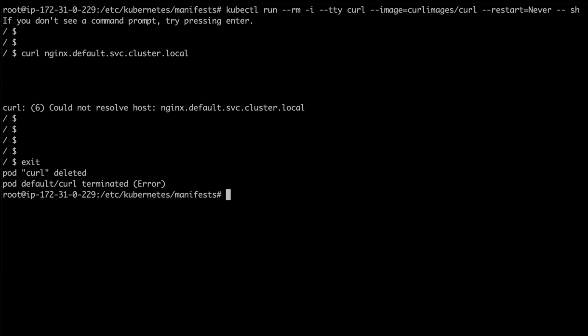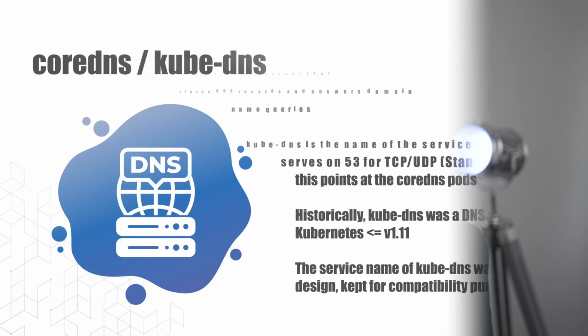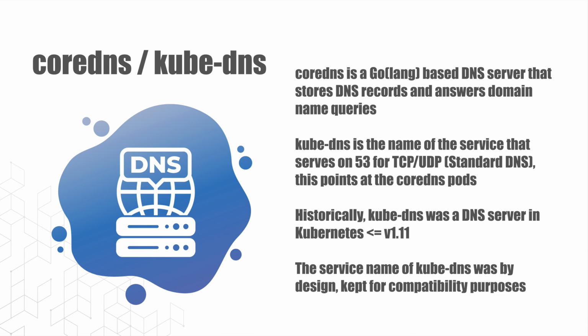This, of course, relates to our last two services, CoreDNS and Kube-DNS. So CoreDNS is a Golang-based DNS server that stores DNS records and answers domain name queries. Kube-DNS is the name of the service that serves on port 53, the standard port for DNS, so TCP and UDP, and this points at the CoreDNS pods.